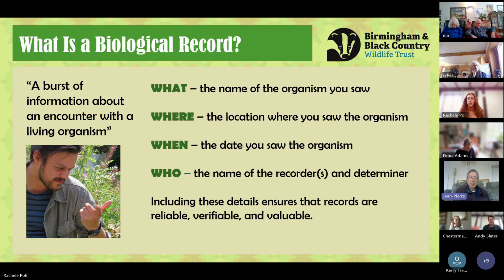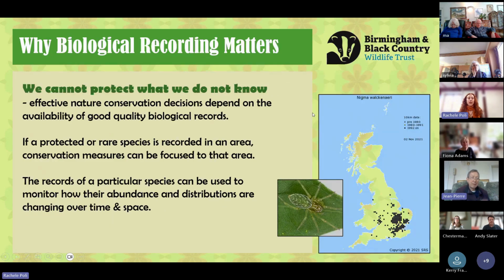So why does that actually matter? For biological records, they're important because we effectively cannot protect what we do not know exists. Effective conservation depends on reliable and available records of good quality.